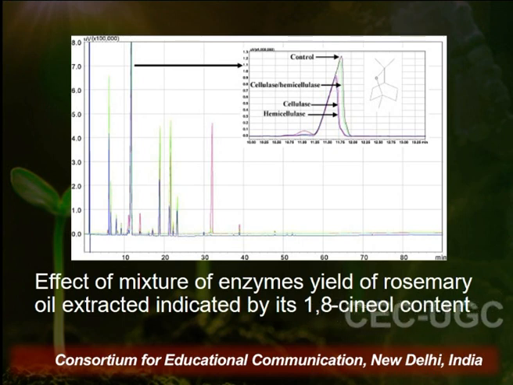So this is how understanding of the matrix is very important if you want to make this process successful. Here is another example where a mixture of different enzymes was used to extract phenolic components.